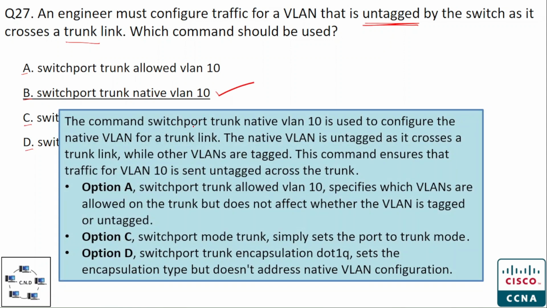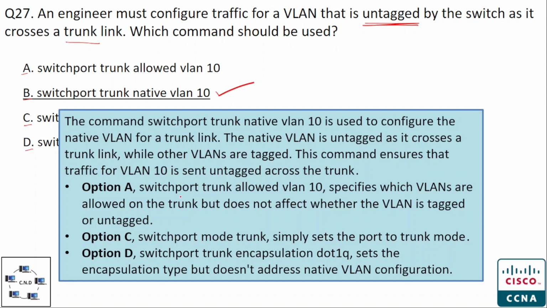So the command switchport trunk native vlan 10 is used to configure the native VLAN for a trunk link. The native VLAN is untagged as it crosses a trunk link while other VLANs are tagged. This command ensures that traffic for VLAN 10 is sent untagged across the trunk.